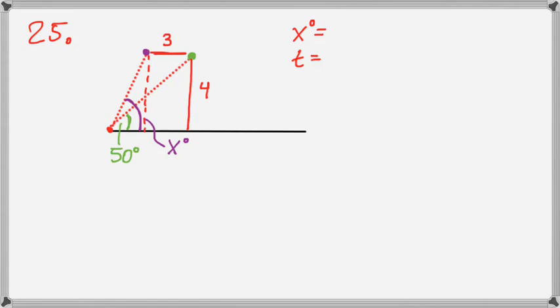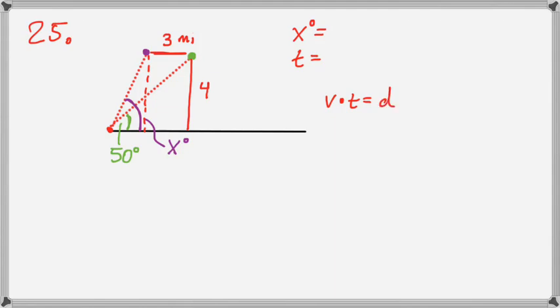All right, so let's first talk about t, because that'll be pretty easy. My displacement here was 3 miles. So I know my velocity, and I know that velocity times time is equal to displacement.